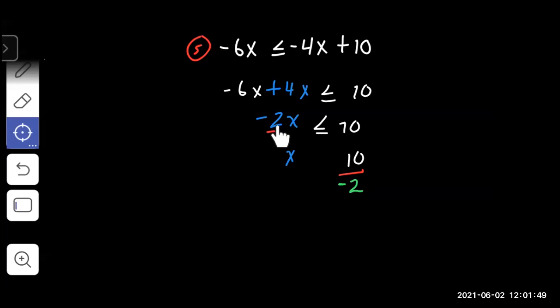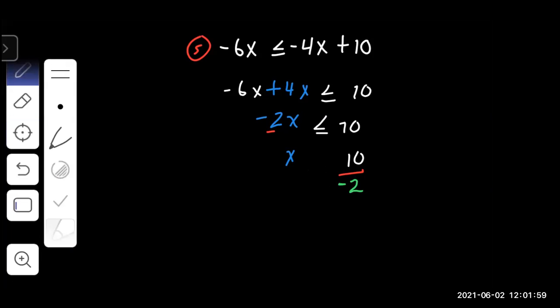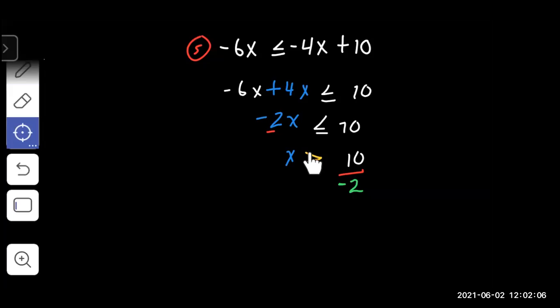What determines if you're gonna flip or not is if you divide by a negative number or multiply by a negative number. That negative number makes you flip this sign. It is less than, now it is greater than or equal to. The equal doesn't make any difference, but you just flip it.